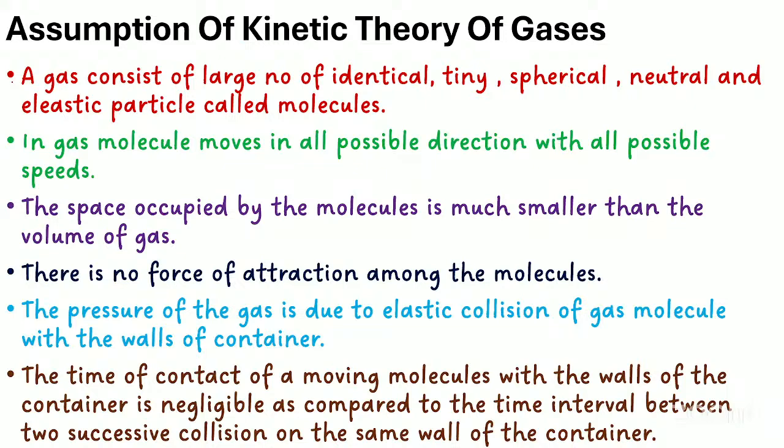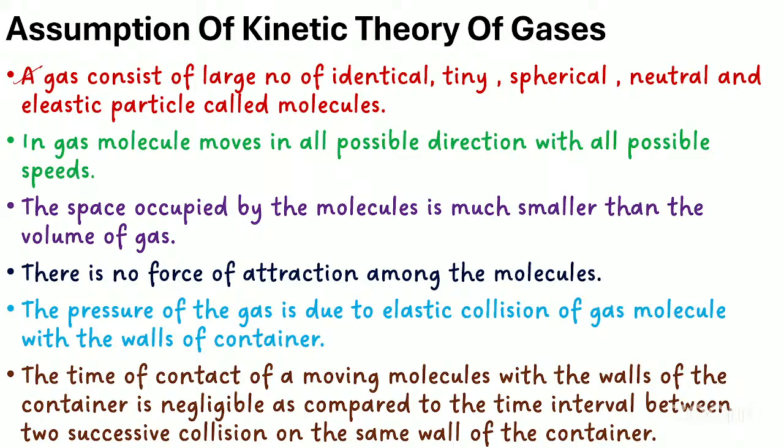This is the first postulate, which means whatever we identify as a molecule is identical: if I'm taking a gas, two molecules in that gas are identical to each other. They are very tiny, spherical, neutral, which means they do not contain any charge, and elastic, which means on collision they show elastic properties.